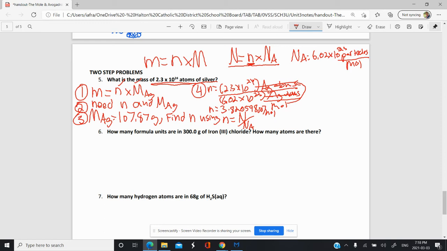And so now my step 5 is I can go plug all that in. I now have my n over here, and I have my molar mass of Ag over here. I'm out of room here, so you want to make sure you have room. But for step 5, I'm going to do it right here. Mass is equal to the number of moles that I found. I'm not going to write all the figures down, but you should have them in your calculator. So 3.82 moles times the molar mass, which was 107.87 grams per mole.